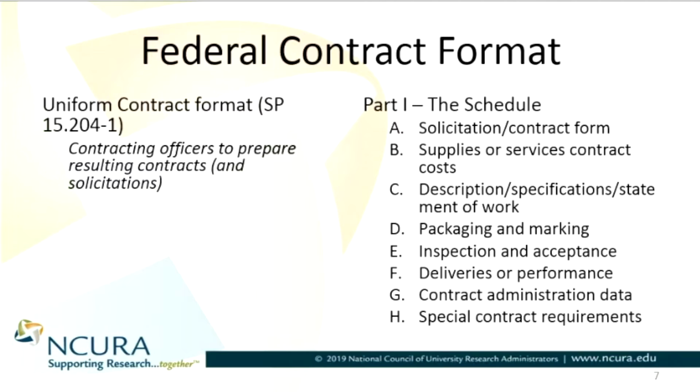So make sure that you are being as specific and accurate as you can when you're including that particular statement of work, because you will often go back to this if you need to know what it is that you're supposed to be doing, and the PI will be referring back to this.